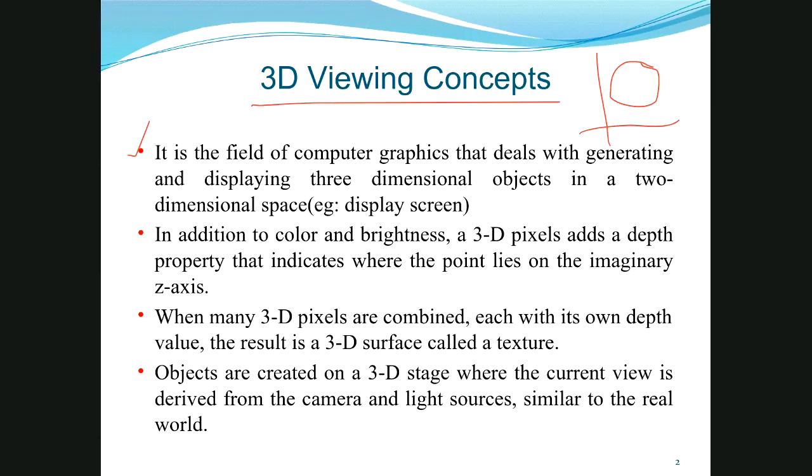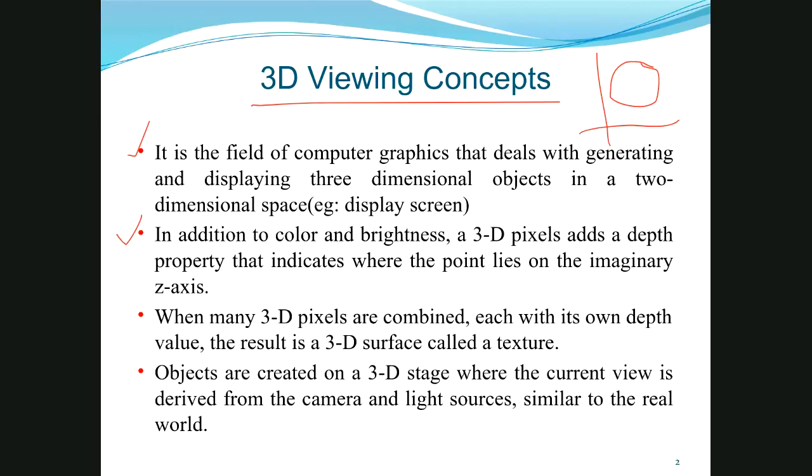The second point: in addition to color and brightness, a three-dimensional pixel adds the depth property, which indicates where the point lies on the imaginary z-axis.